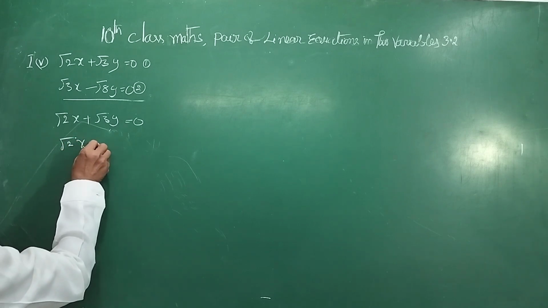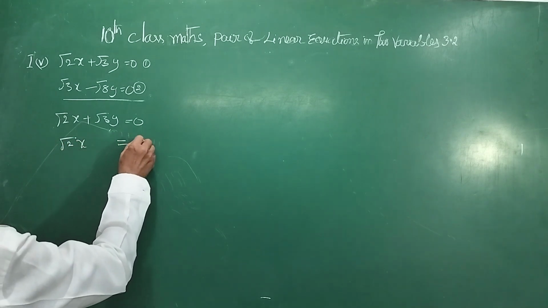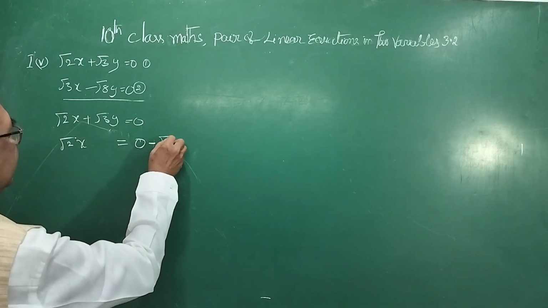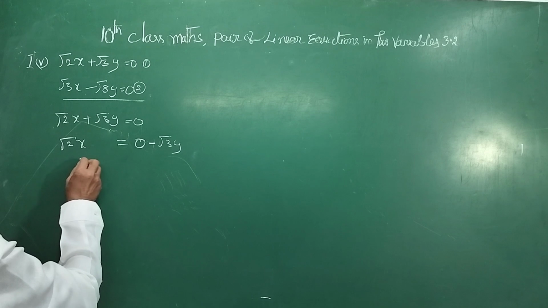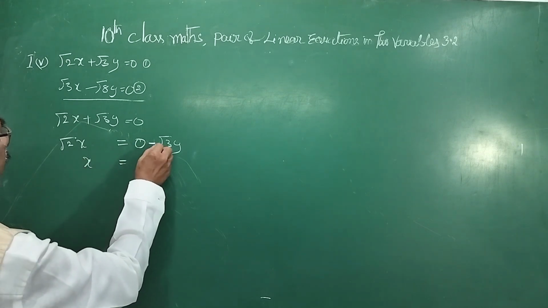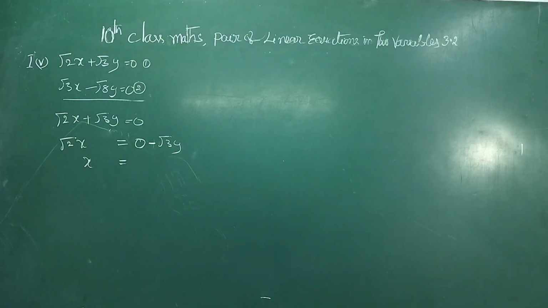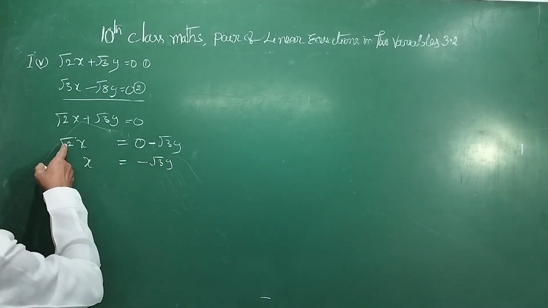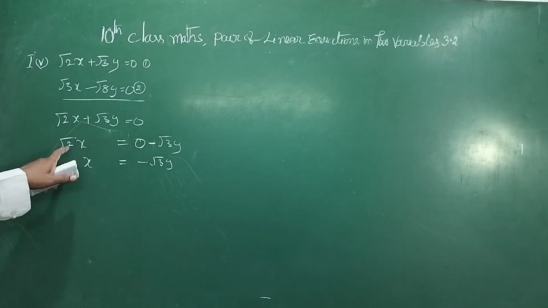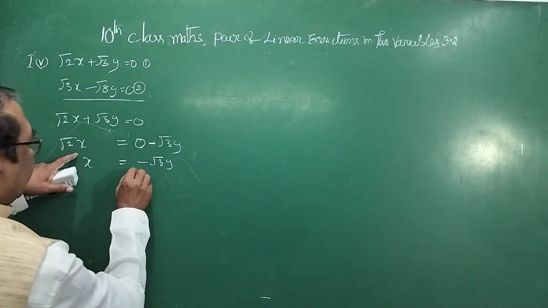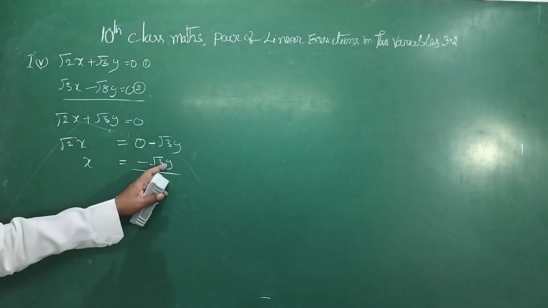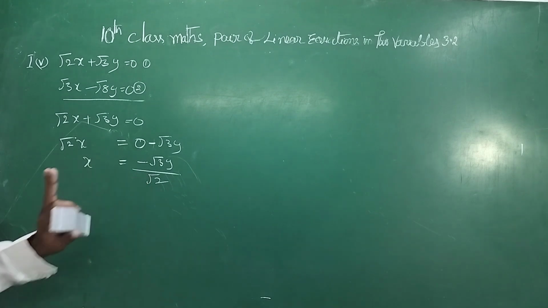Root 2x is equal to 0, and when plus root 3y comes to this side, it becomes minus root 3y. Therefore, root 2 into x, where the multiplication symbol is implied, when it comes to this side becomes division. So x is equal to minus root 3y by root 2.